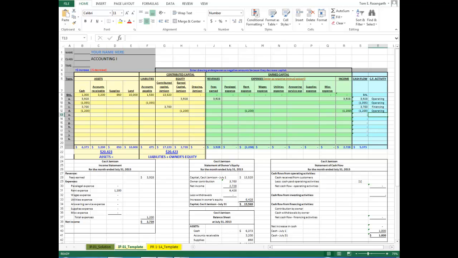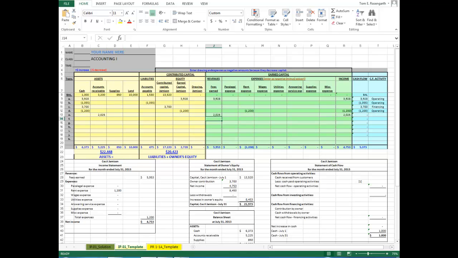Let's take a look at transaction E. Cecil Jameson charged but did not receive cash for legal services provided to his clients. So Cecil Jameson would have billed his clients, so that means an asset, accounts receivable, will be increased. Also, because Cecil Jameson rendered a service, he has earned his income, and so we will increase revenues $2,025.